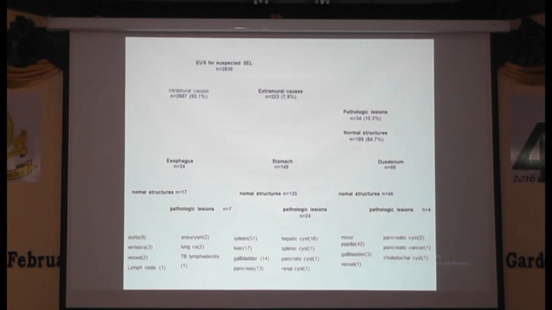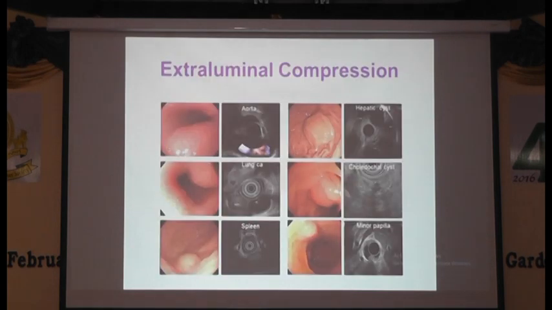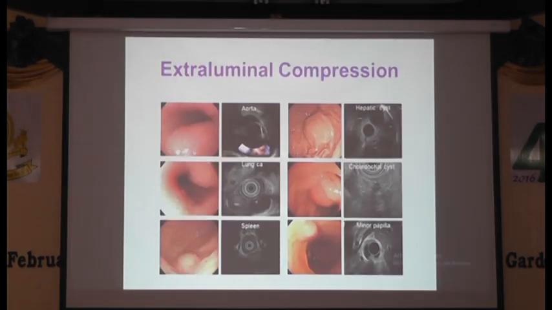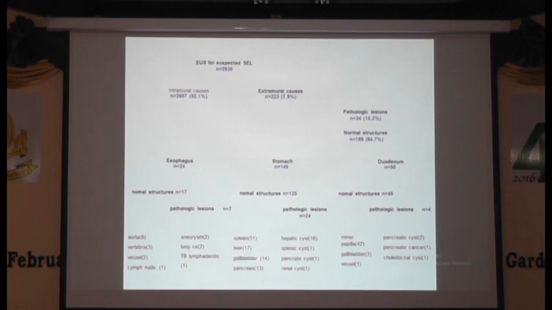For normal structures that I can see through the esophagus, there was the aorta. Pathological lesions were aortic aneurysm, lung cancer invasion, and TB lymphadenitis.